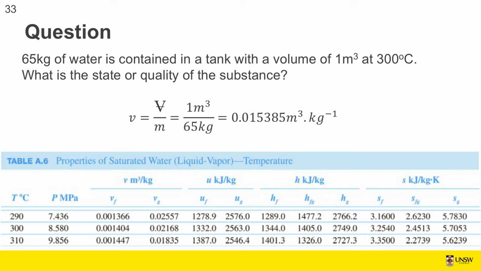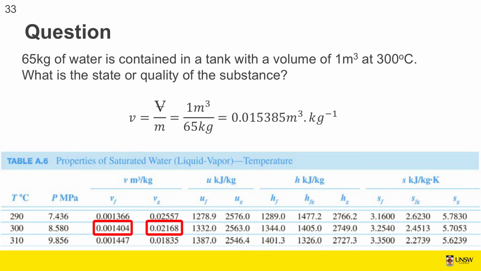From this we can observe that 0.015 is more than 0.0014, this value here, and it's less than 0.021, right? So because it's between those two properties, the substance will have a quality, okay?